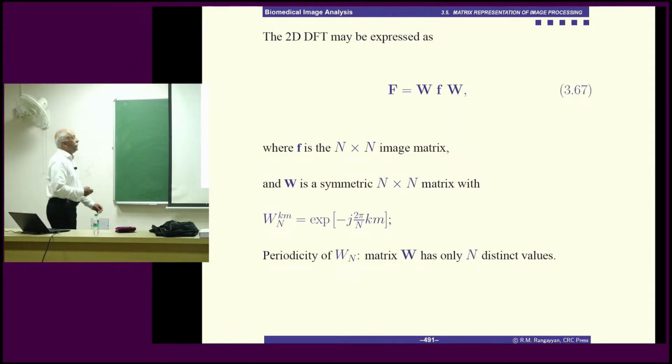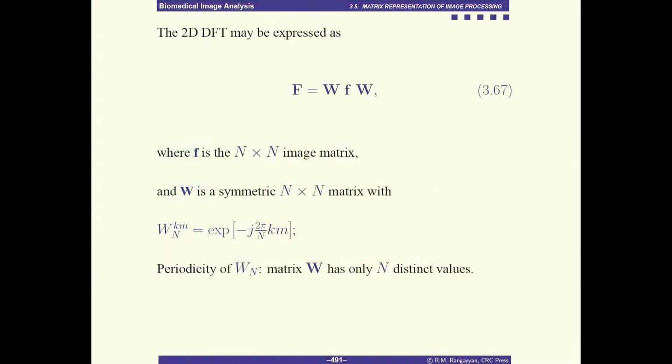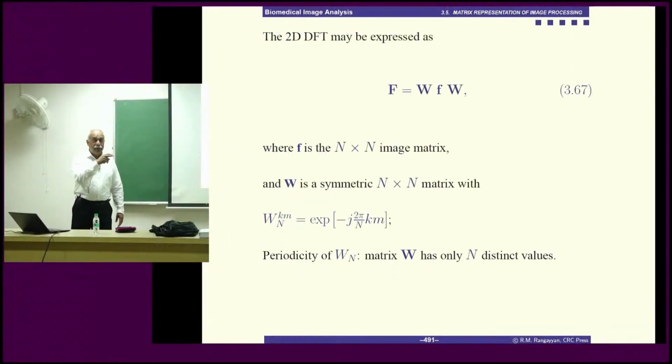Then the 2D DFT may be expressed as capital F, the transform, equals WFW. Lowercase f is the input image, capital F is the transform, the Fourier transform spectrum. So f is the input n by n matrix, W is a symmetric n by n matrix. We will see another representation where it is different.